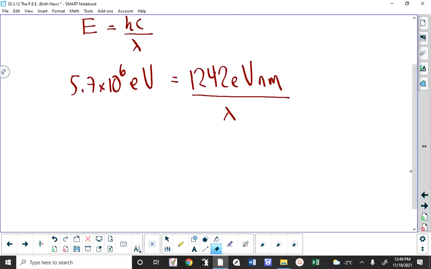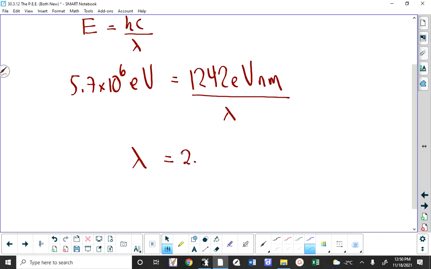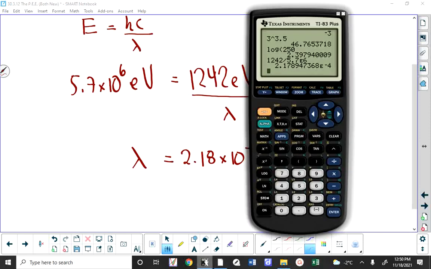So if you cross multiply here, you're going to end up with 1242 divided by that number. And you get this number of nanometers using the 1242 shortcut. Now, I'll just make sure I wrote that down correctly.